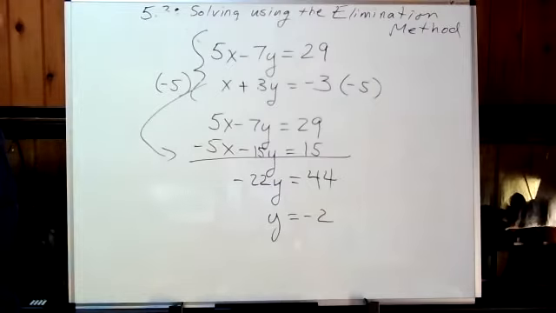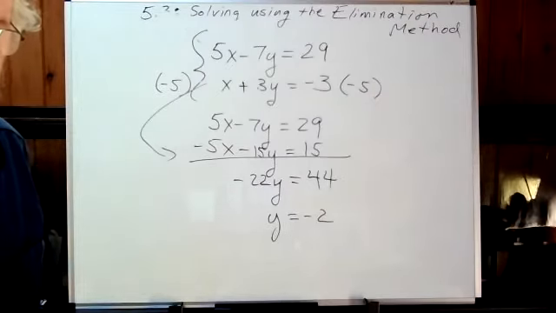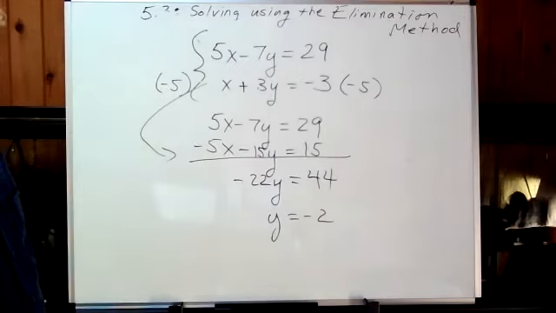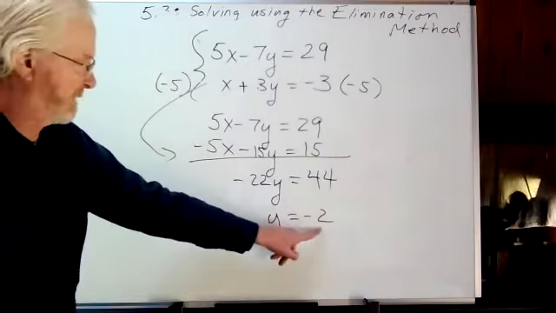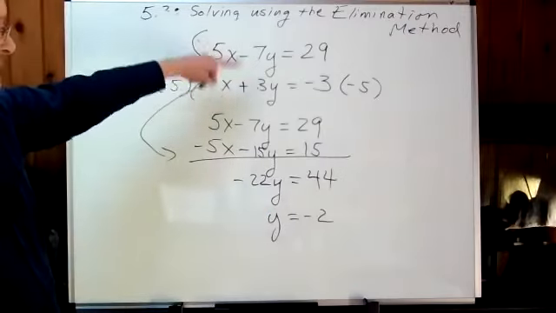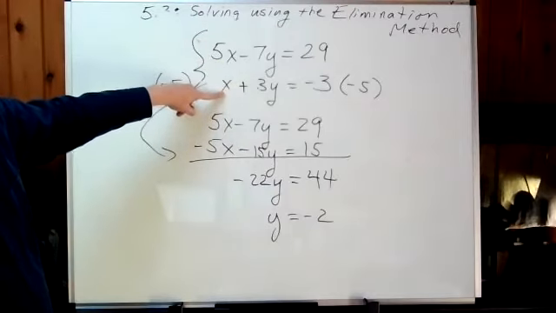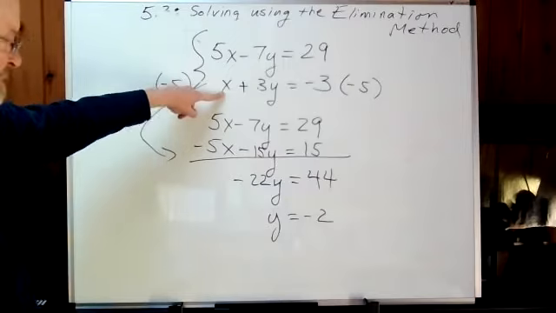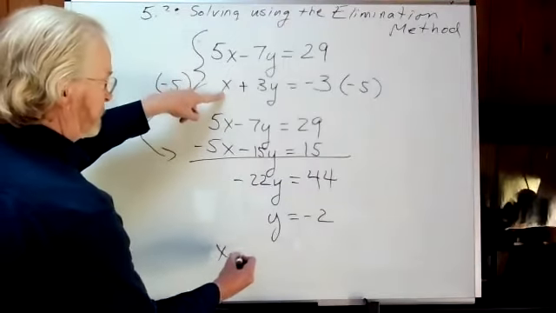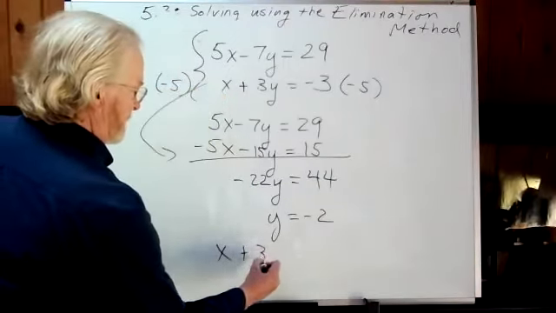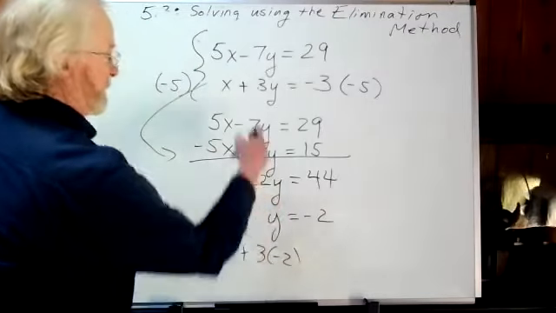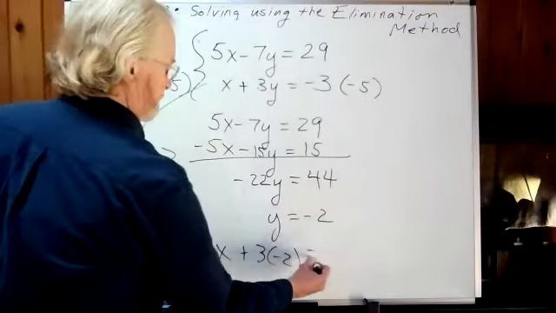Now I have to find the x value, right? So if I plug this y value in, pick one of them. Looks like maybe this is the smaller number, so I'll plug it into the second one here, okay? x plus 3 times negative 2, which was the y value we found, is to equal negative 3.